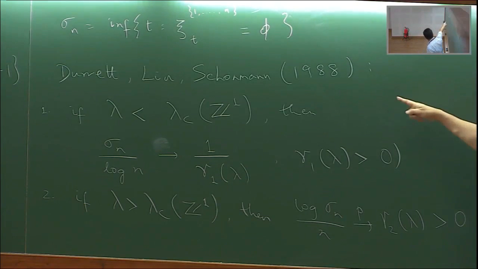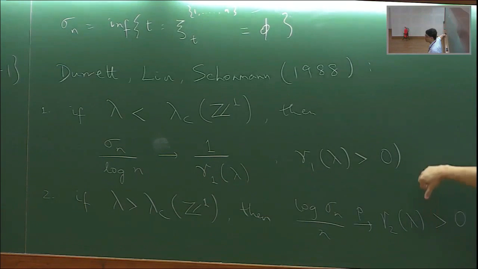So Durrett, Liu, and Schonmann just showed this for one dimension, but the same result is true for finite subsets of the integer lattice. So you have similar results for [1,n]^d, with lambda c of Z^d in the corresponding place there.